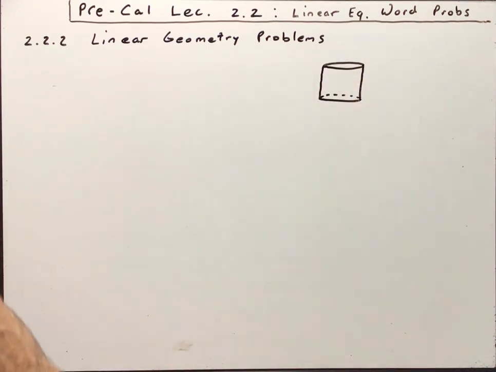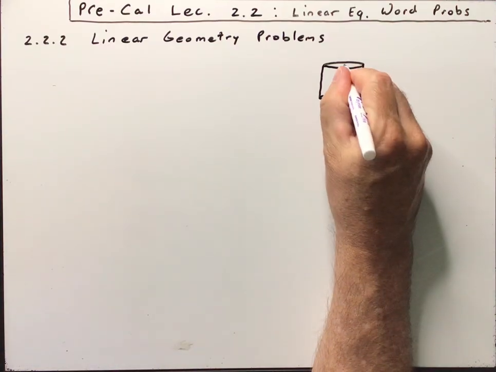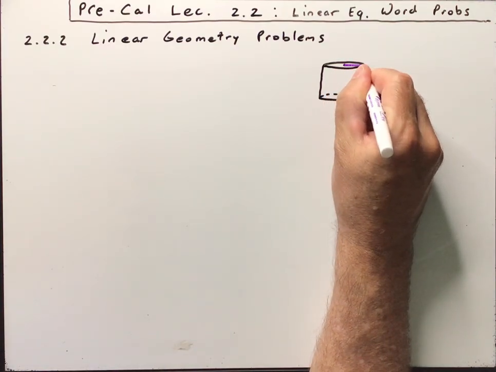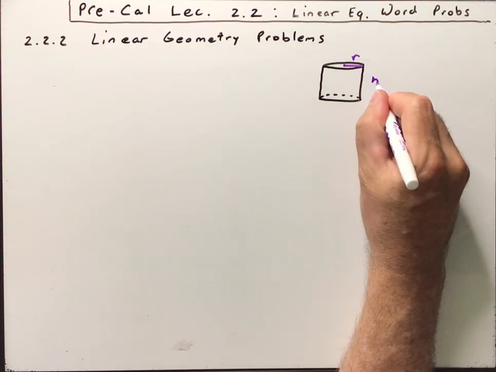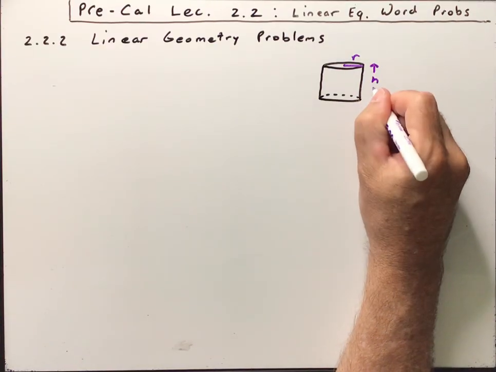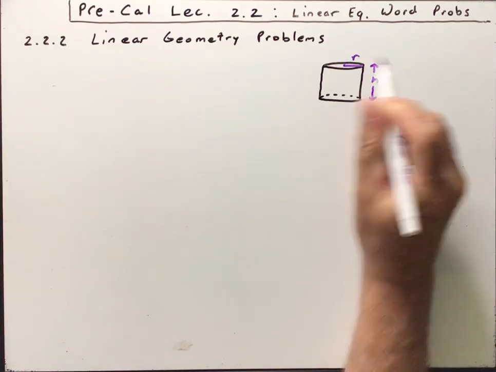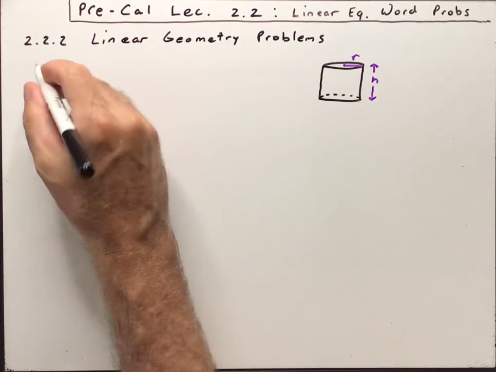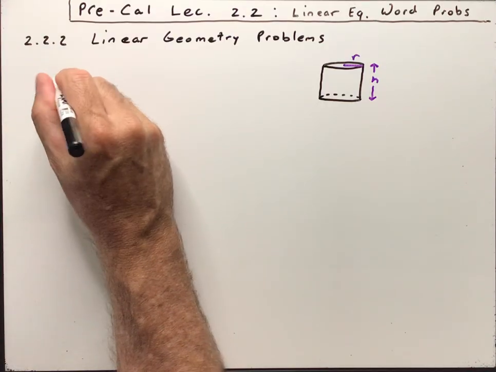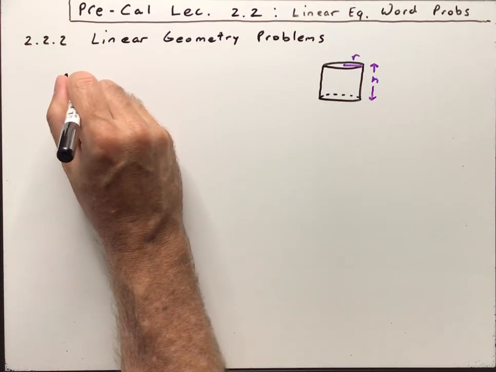The radius is the center to the edge. So there in purple, we'll call that the radius. The height would be that. So we know there's a couple of formulas here. We have the area of a circle. I do expect you to remember that.